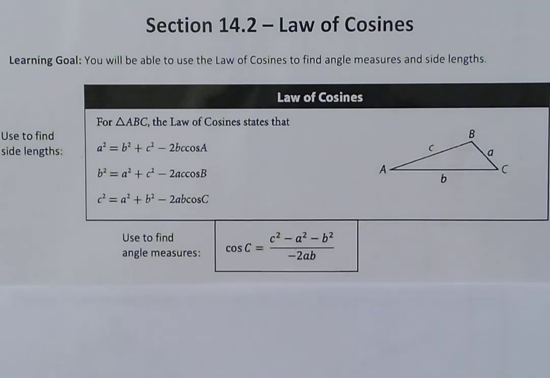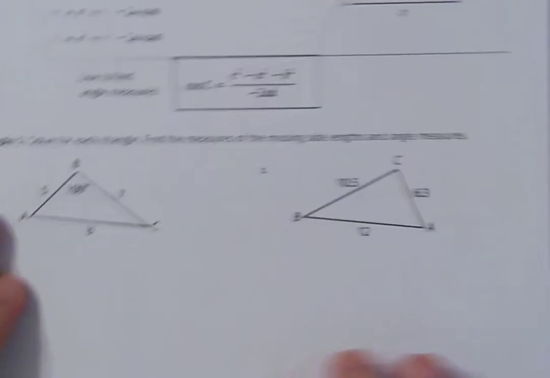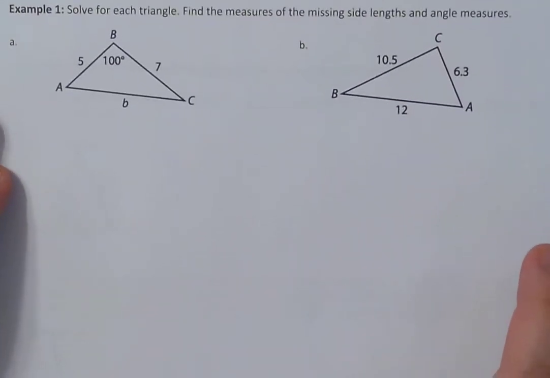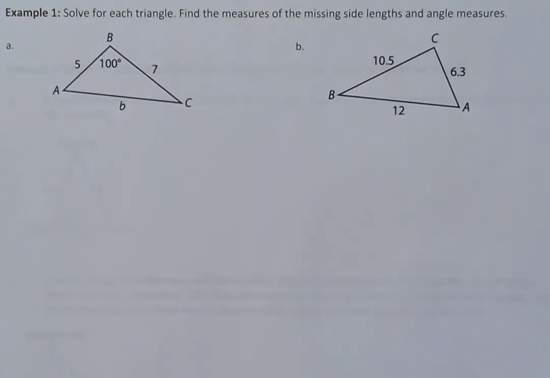So with that said, let's get into example 1 for today. Example 1 states: solve each triangle, find the measures of the missing side lengths and angle measures. So much like we did in 14.1, we need to go through and find the missing measurements.